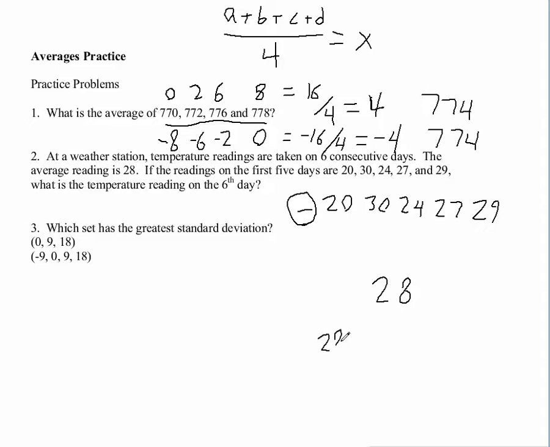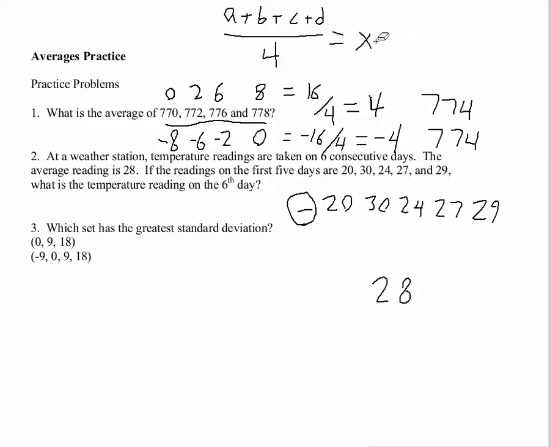Well, one way would be to say 28 times 6 equals 168, and then subtract these numbers and say, whatever's left must be the temperature reading on the final day. But that actually is possibly a slow way to do it.